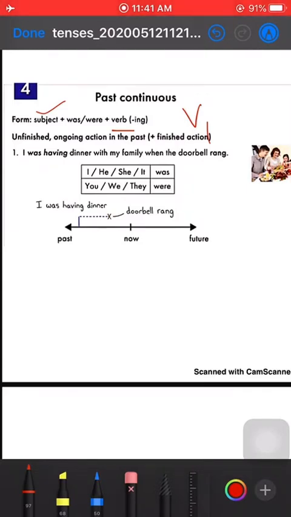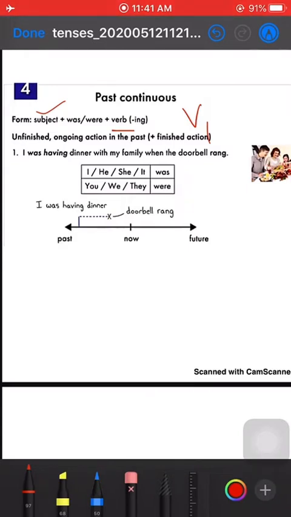So there is only one change, that instead of is, am, are we have to use was, were. Everything else is same. Clear? Now we say was for the subjects I, he, she, it, and were for you, we, they.